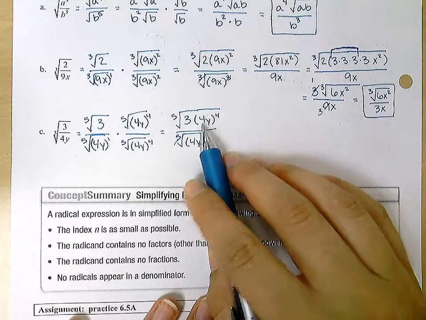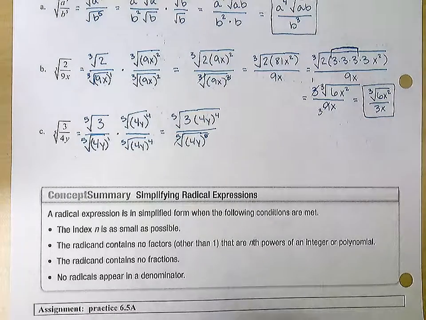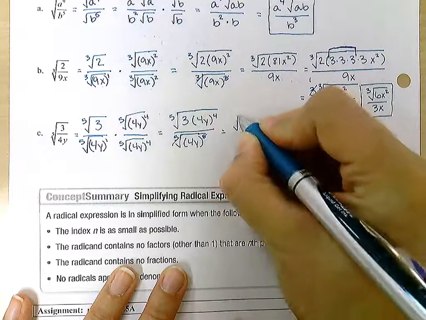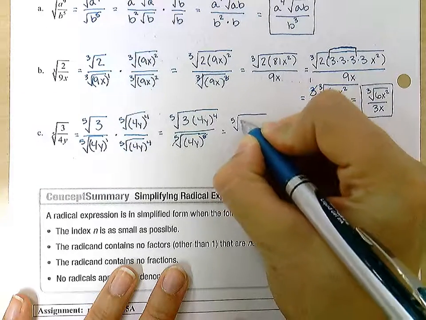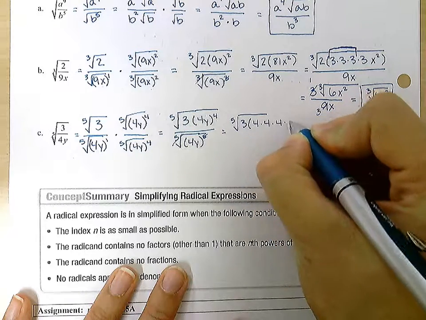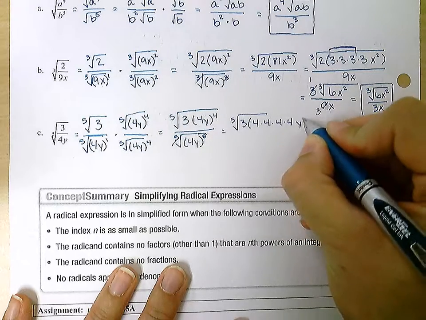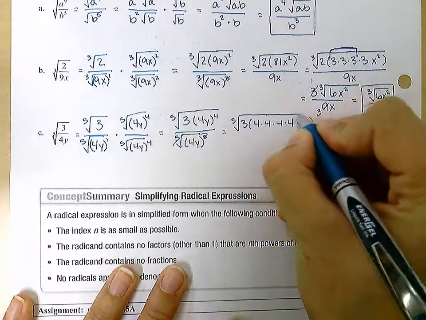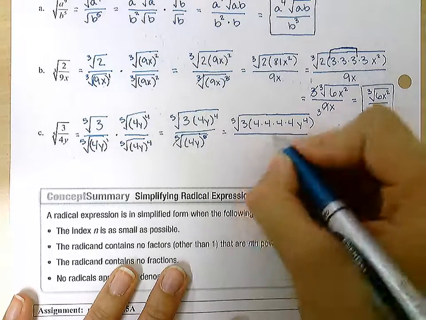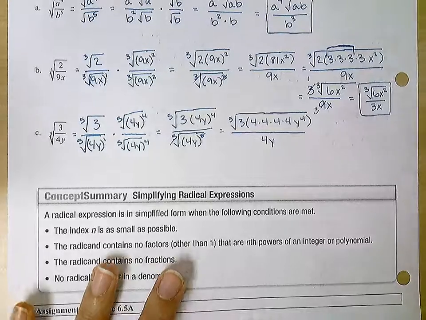All right, here I have 4 to the fourth power, so I'm going to write that as 4 times 4 times 4 times 4. Then my root and my exponent should have canceled to get 4y in the denominator.